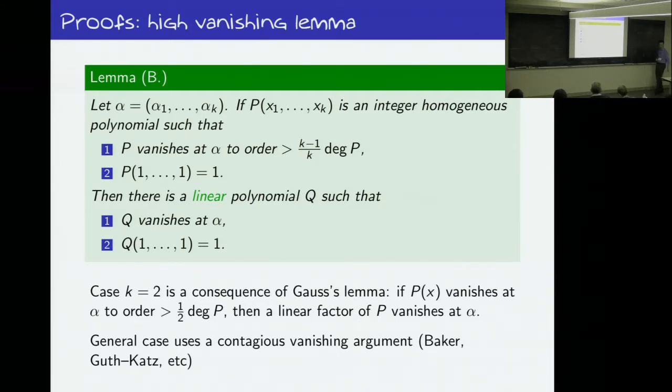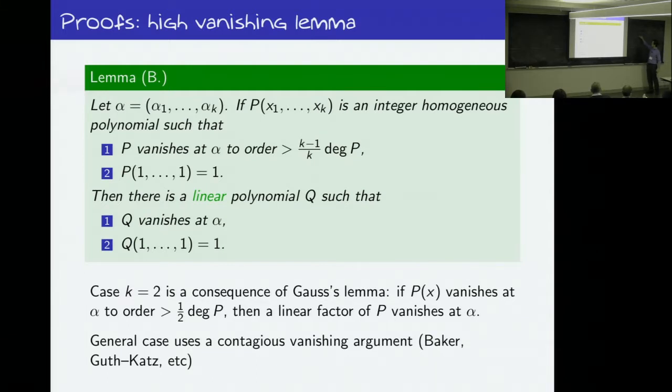Just to explain what this is a generalization of: vanishing at some point alpha to some order which is bigger than d over 2, where d is the degree of p. Then I'm claiming that there is actually a polynomial vanishing at alpha which is linear, and the proof is simple.